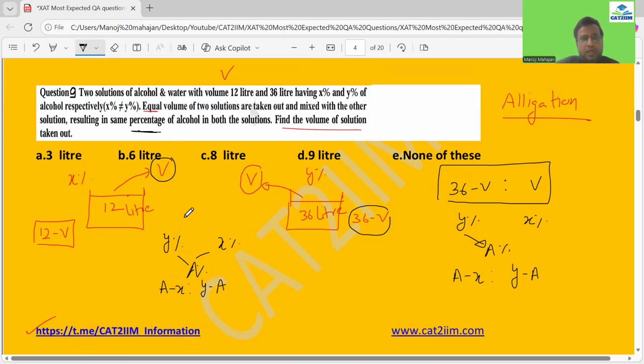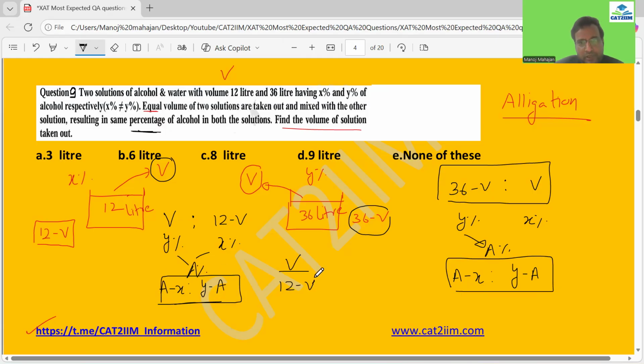This was V volume, and this was 12 minus V. So this ratio would be this ratio, and I know that this ratio and this ratio are the same. So can I say that V upon 12 minus V will also be the same as 36 minus V upon V?